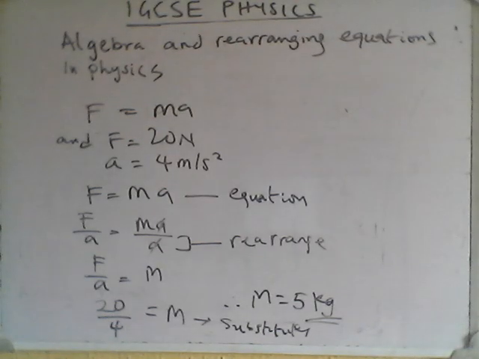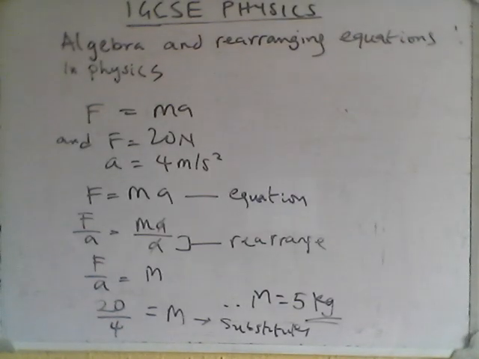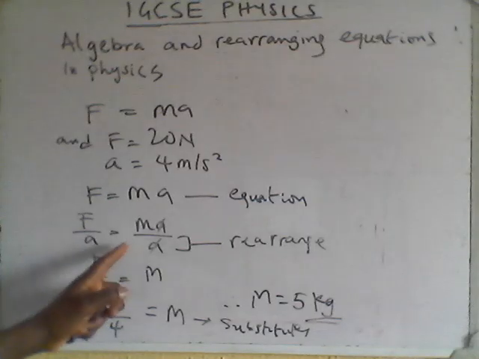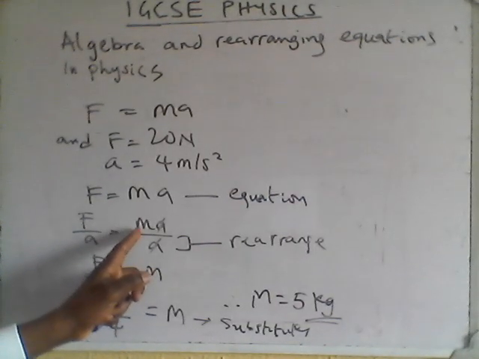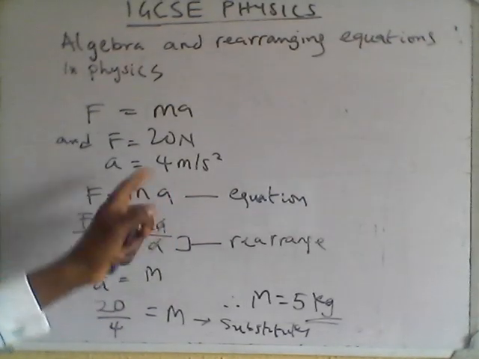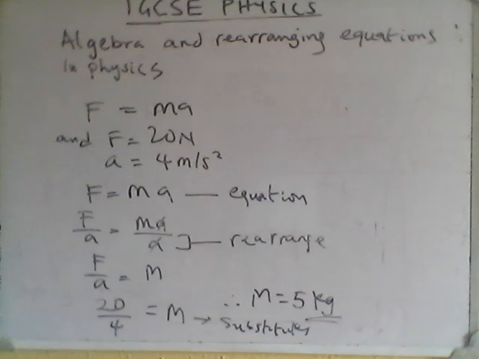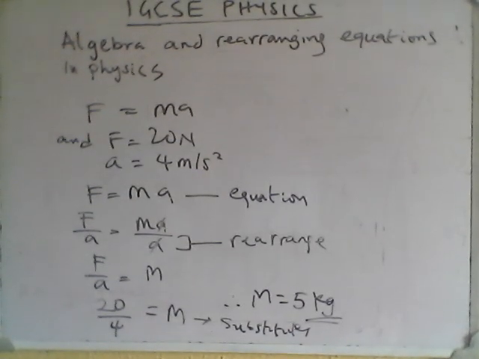Okay, so rearranging a formula to make one variable the subject of the formula, isolate it by using inverse operations. Okay, I talk about inverse operation here. So the operation between m and a here is multiplication, right? So the inverse of multiplication is division. You understand? There's a simple way of doing it, but I want us to also understand the basics.